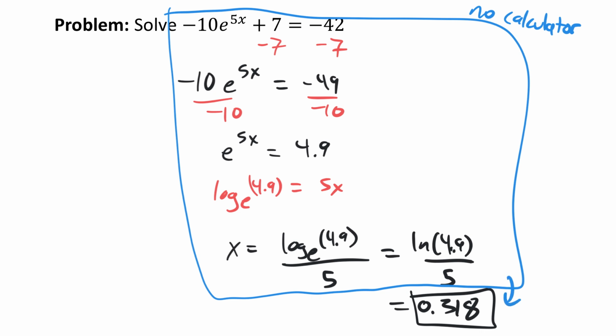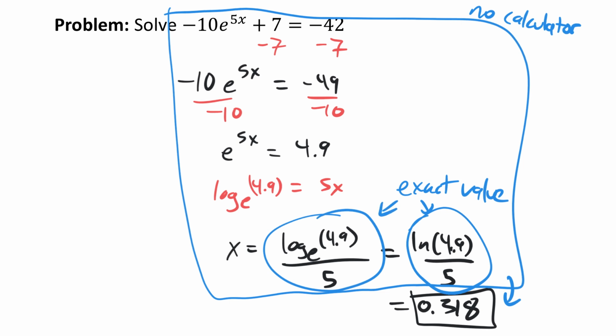But if you left it like this, this would be called the exact value. And either one is fine, either this one or this one over here. Both of these are called the exact value. And so this question could come up in the no calculator section. What you do is you just solve it like normal and you just don't evaluate at the very end. But if it's in the calculator section, of course, then you go all the way and you get the decimals.